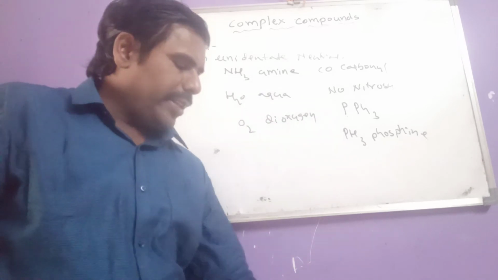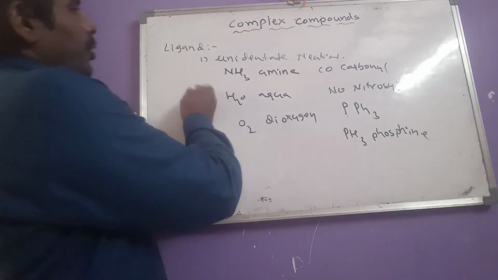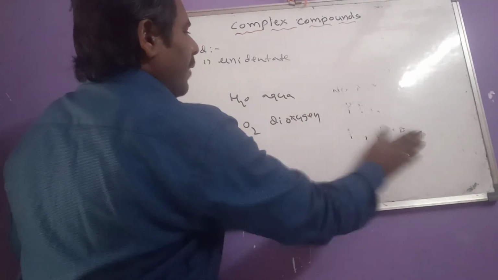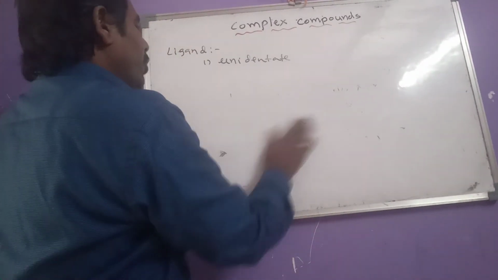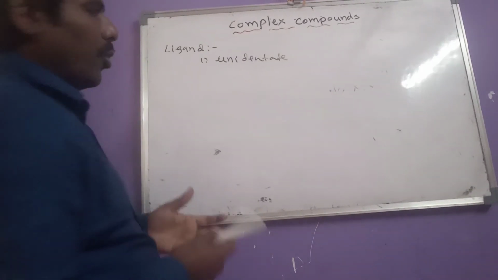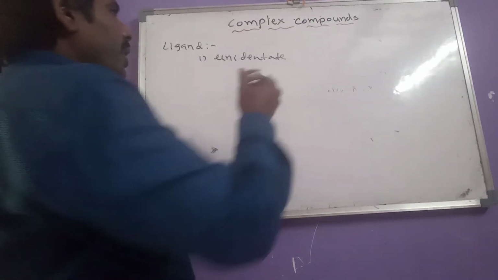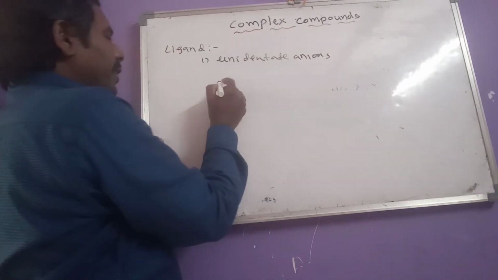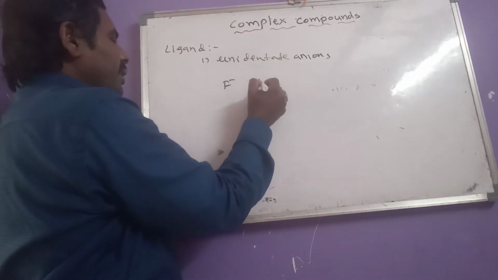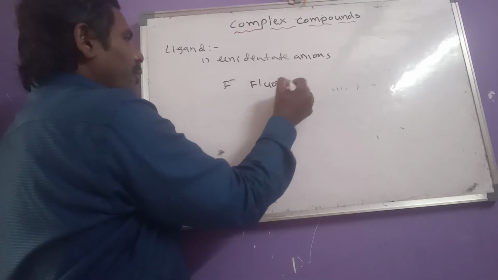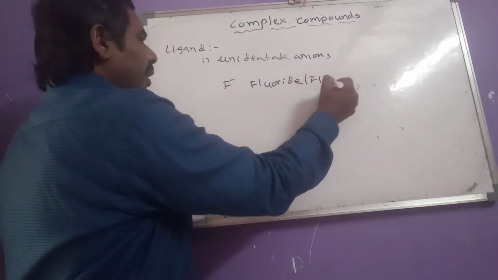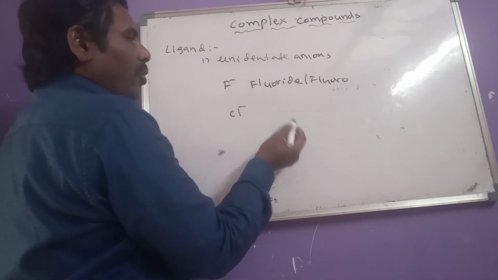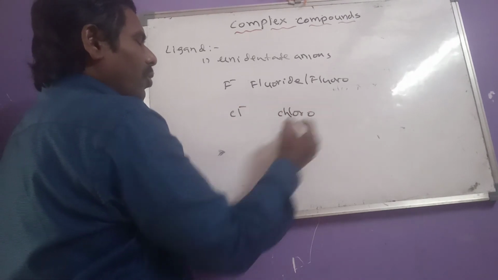Then unidentate anions. Anions have a negative charge. We can also call them monodentate. Examples: F-, named fluorido or fluoro. Cl-, chlorido or chloro.